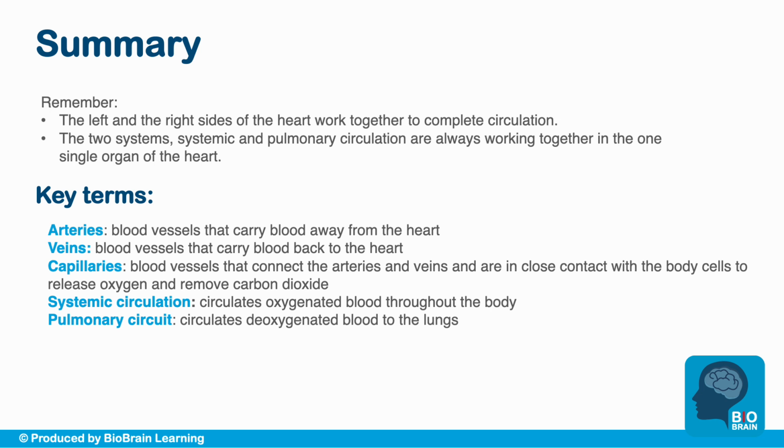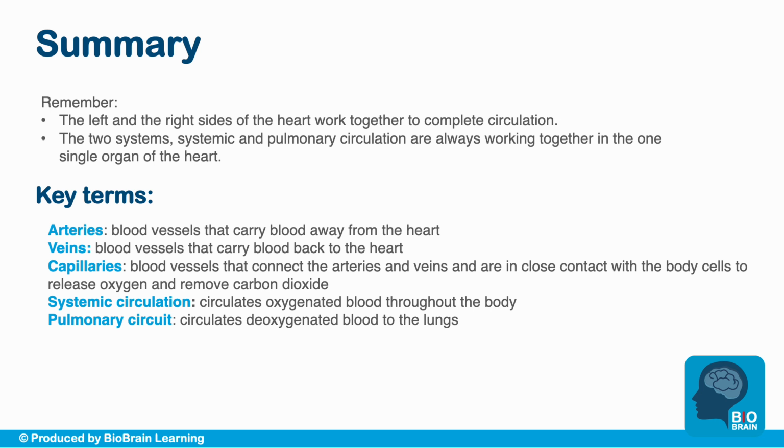In summary, the left side of the heart, also referred to as systemic circulation, remember, systemic means body, is responsible for transporting oxygenated blood to the body to deliver nutrients and oxygen. The right side of the heart, also referred to as pulmonary circulation, remember, pulmonaris is lungs in Latin, pumps deoxygenated blood to the lungs for removal of carbon dioxide and uptake of oxygen.